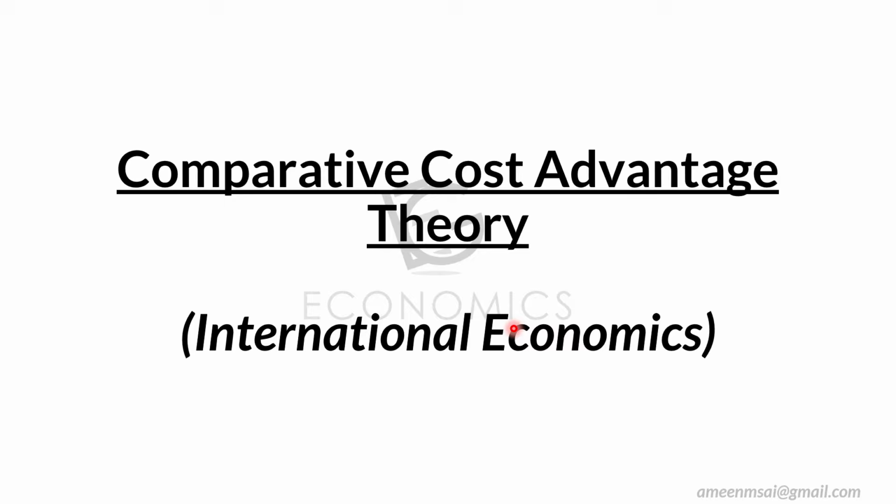The absolute cost advantage theory, which was put forward by Adam Smith, said that if two countries are planning to trade between them, the country which has an absolute cost advantage in the production of a particular commodity will be exporting that commodity to the other country, and the second country, which has an absolute cost advantage in the production of another good, will be exporting that good to the first country.